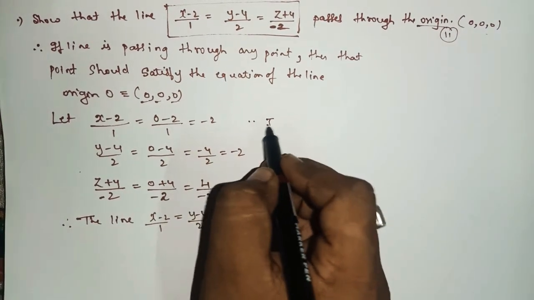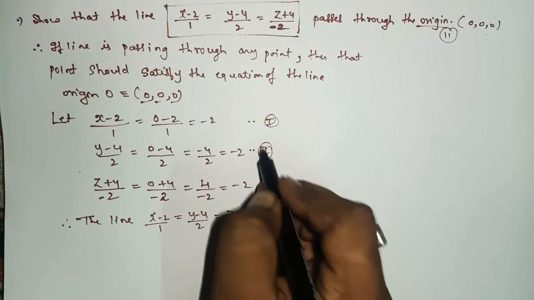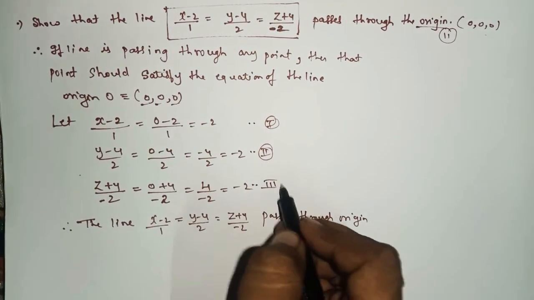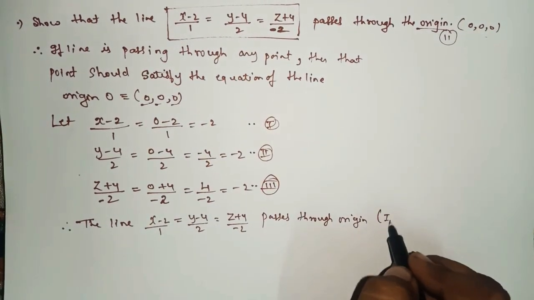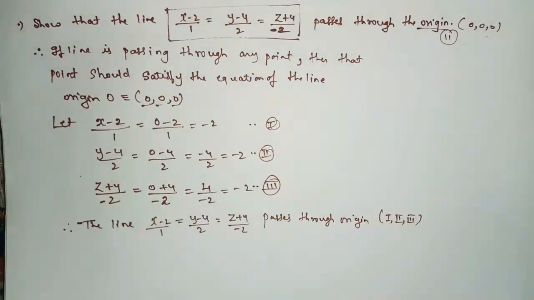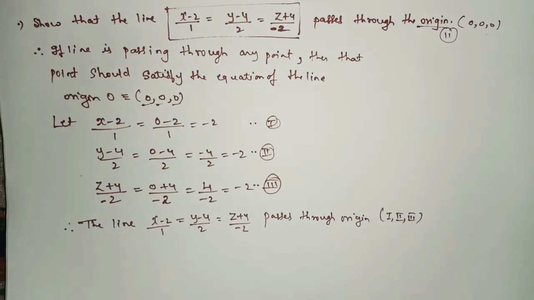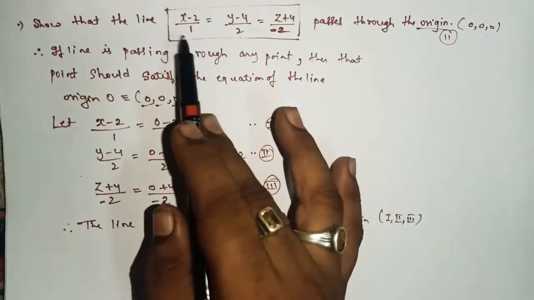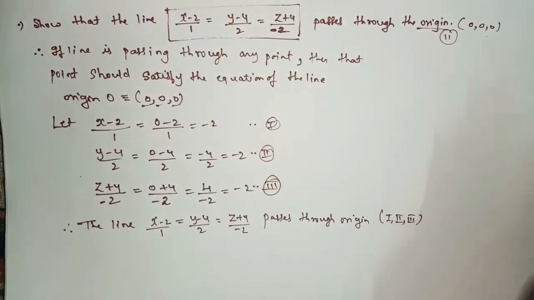So we'll give this as 1, 2 and 3. From 1 to 3 we satisfy that the line is passing through origin. So this was a simple and basic concept. Simply you have to substitute the coordinate in the required equation. If all the ratios are equal, then we can say that the line is passing through origin.